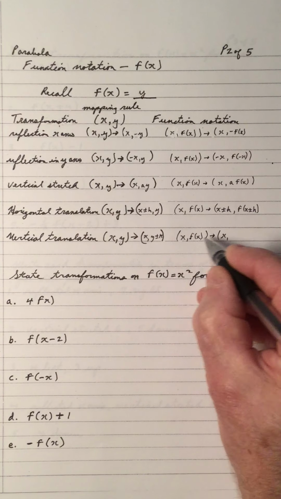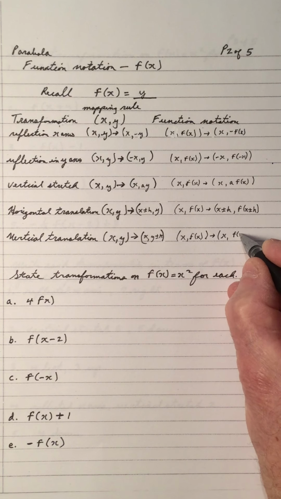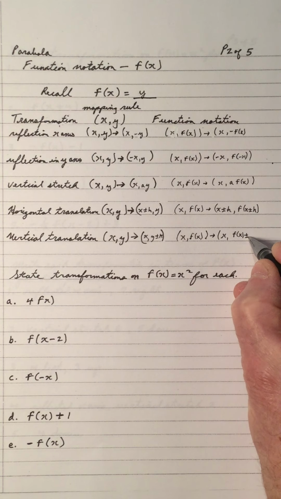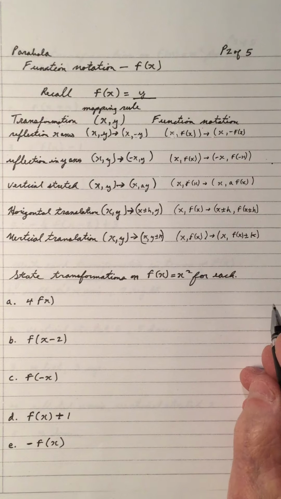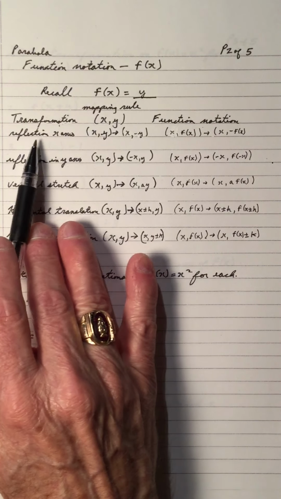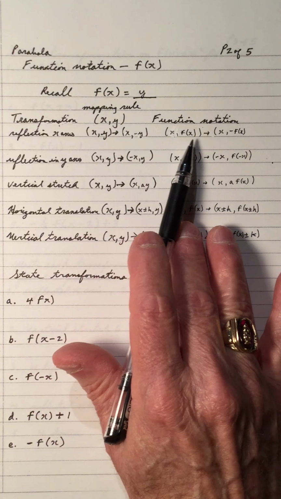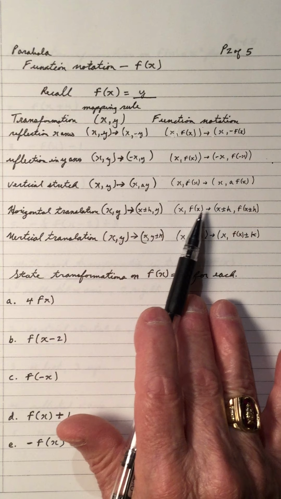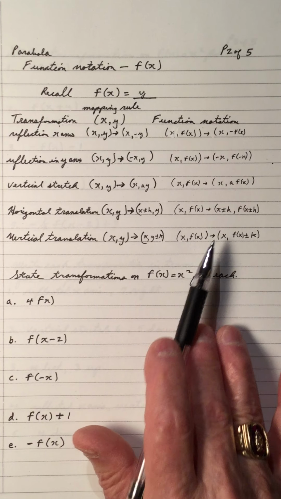X does not change, so it's the y plus or minus k, so it's the f of x plus or minus k. Okay, that's the different transformations in the ordered pairs x and y, or in the function notation. Same idea. Remember, f of x is the y.